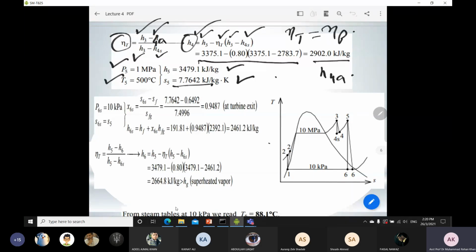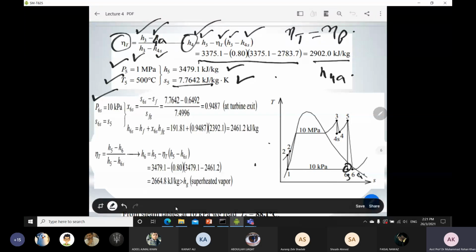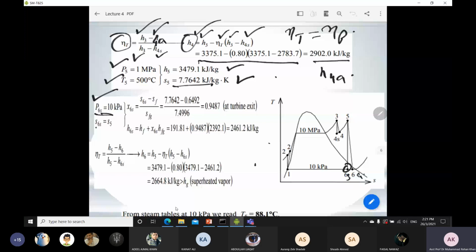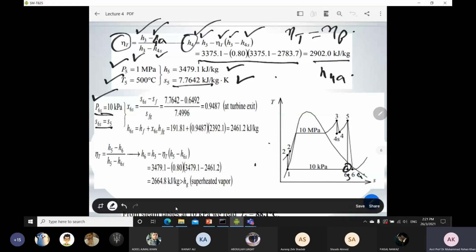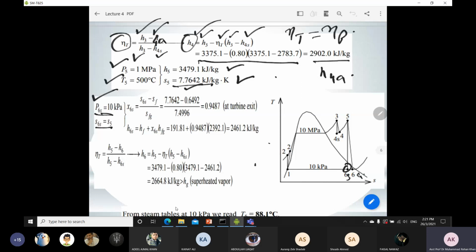Now coming towards 6S and 6A. We have to find 6S and 6A as well. For P6S, we already know that it is 10 kilopascal, and entropy is constant, equal to the S5 state. S5 you already found in the previous state.